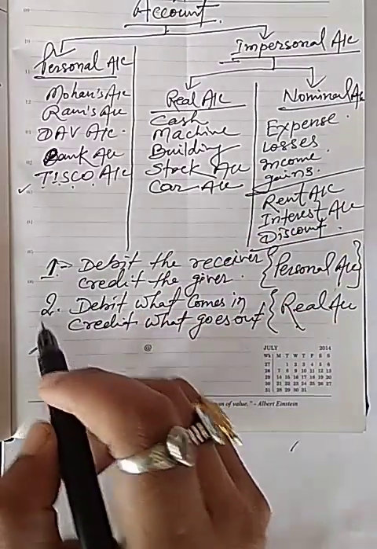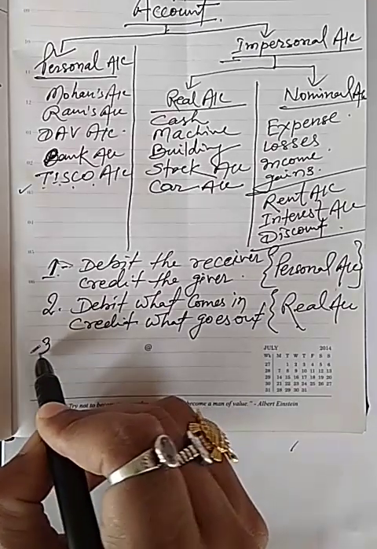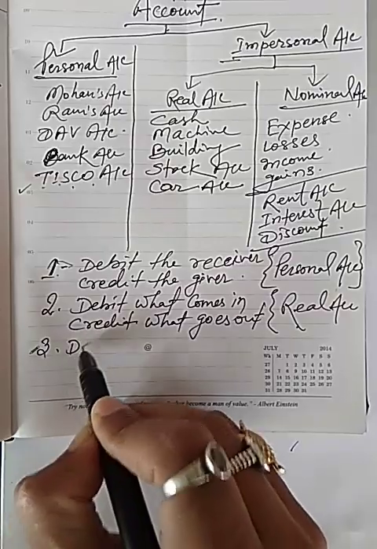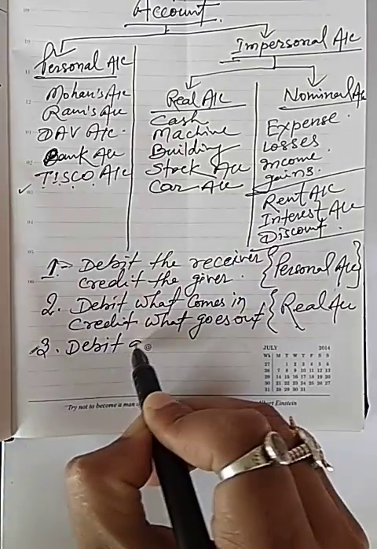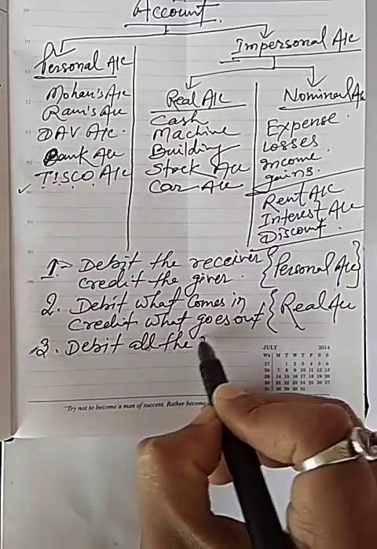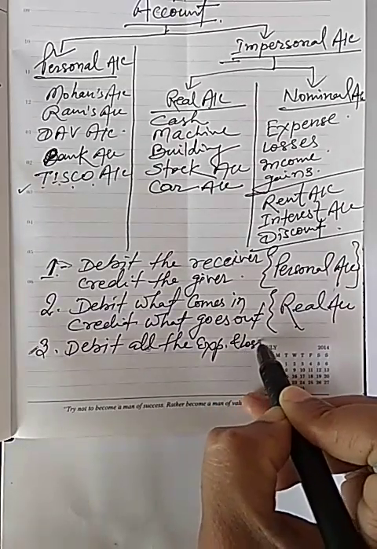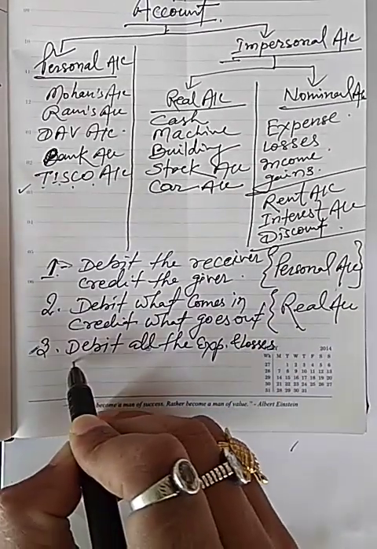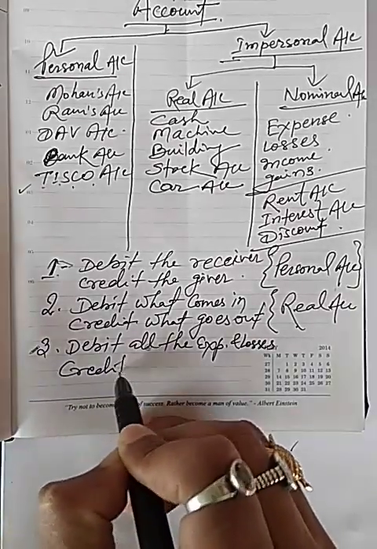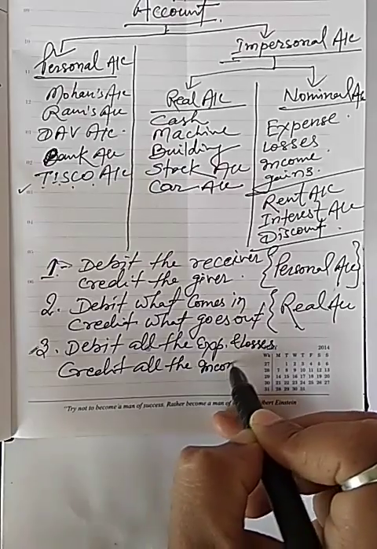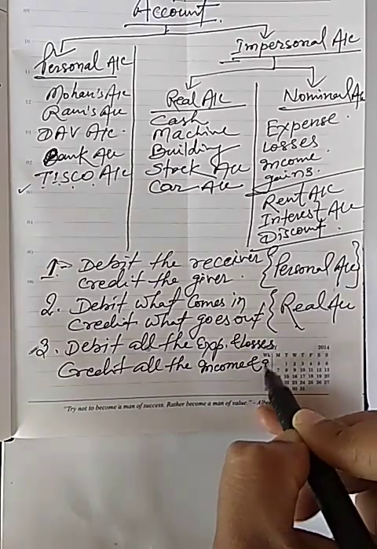So, the rule for nominal account will be: debit all the expenses and losses and credit all the income and gains.